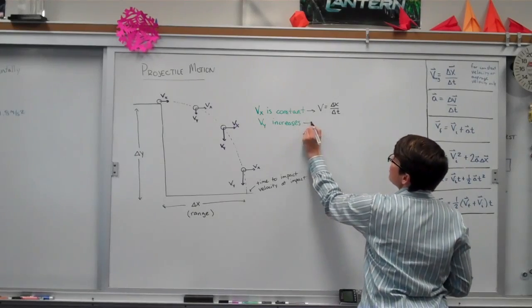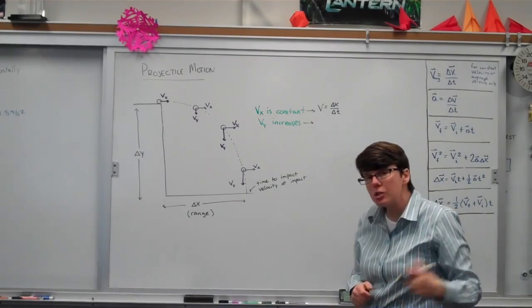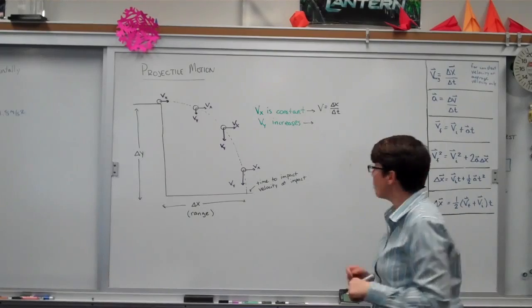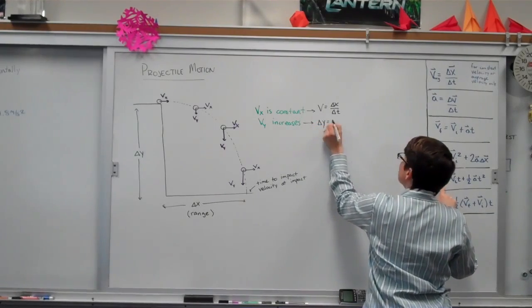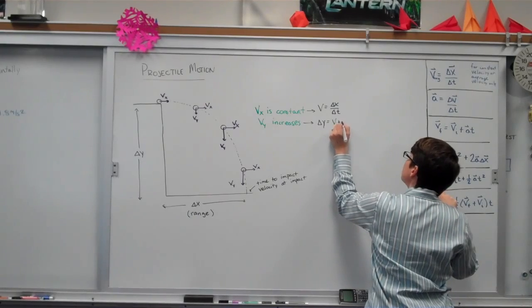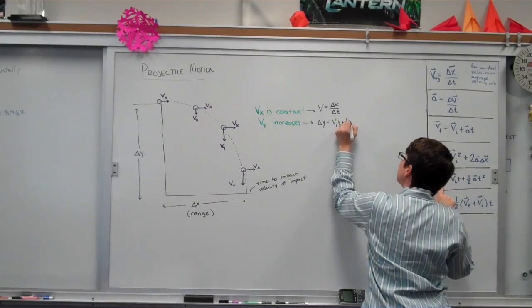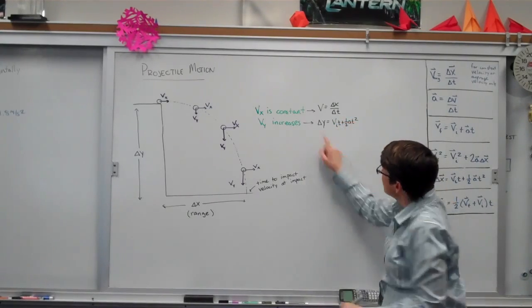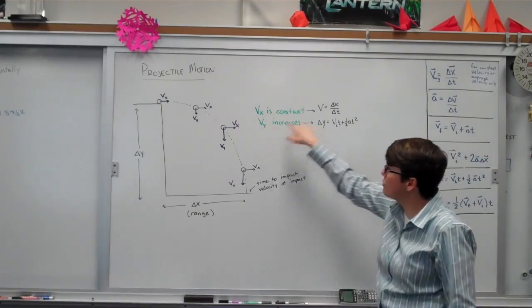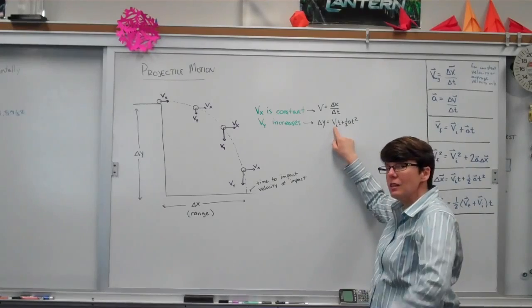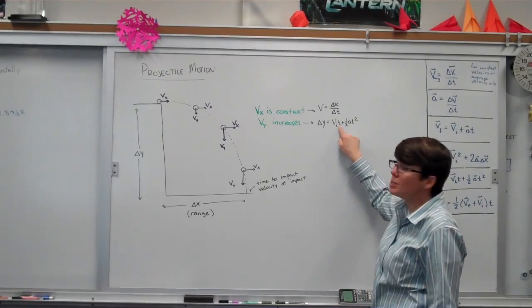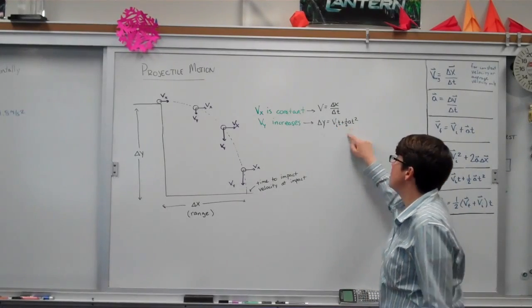One that's particularly relevant, I'm going to change the x's in that equation to y's. The change in the vertical position of this object is equal to its initial velocity in the y direction times time plus a half a t squared.